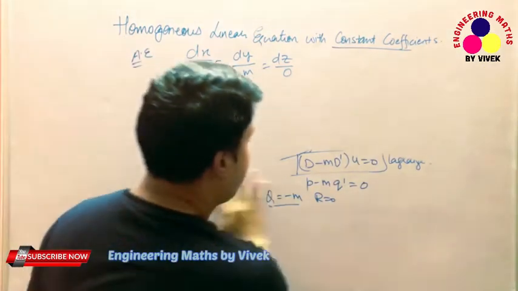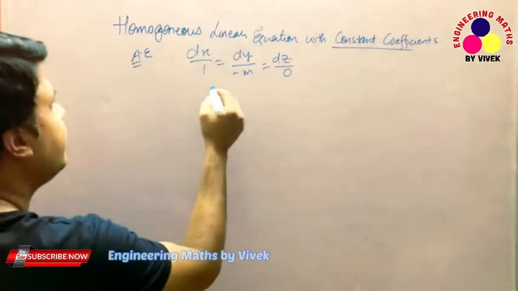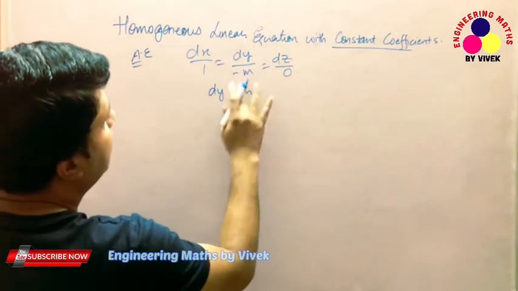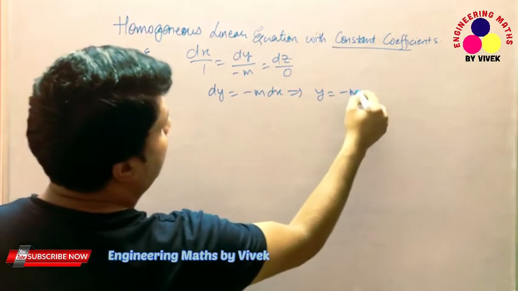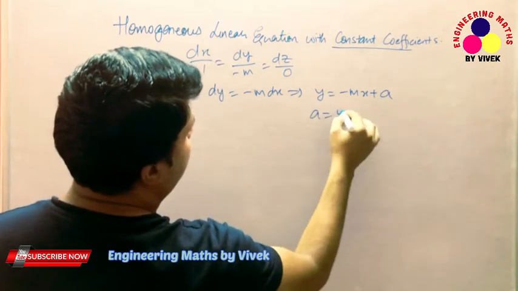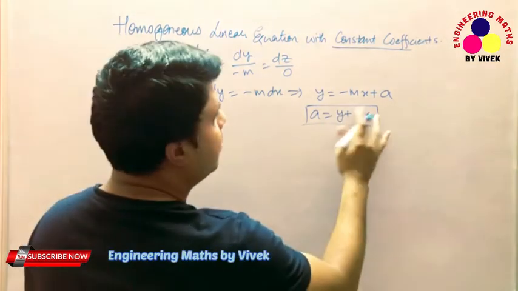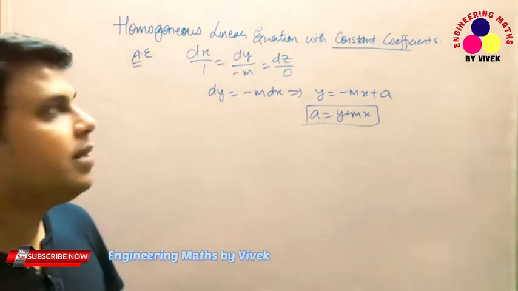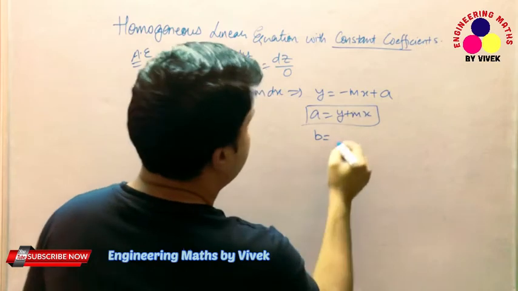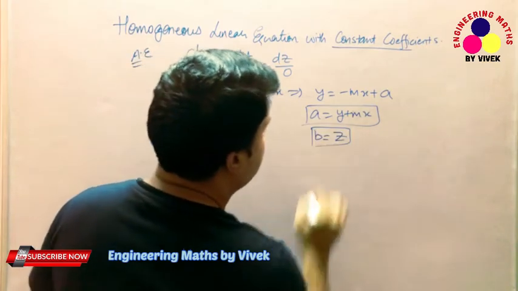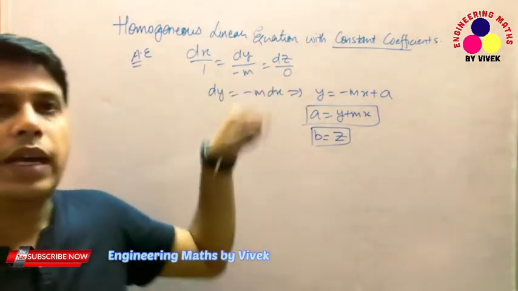So again taking the first two terms, we'll get dy, a equals y plus mx. A equals y plus mx, and similarly b will be equal to z, because we can take this term along with any two terms.